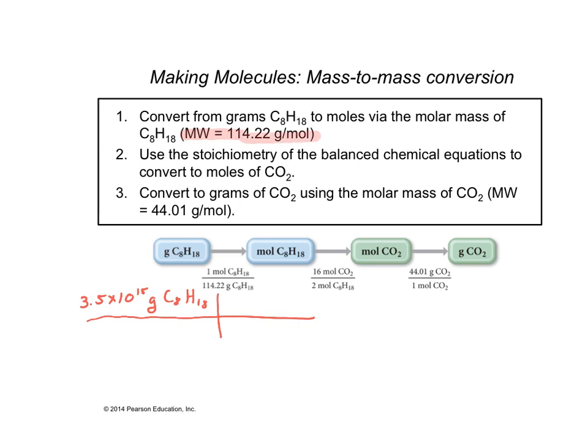I'm going to take my big 3.5 times 10 to the 15th grams, and divide by the molar mass of octane, 114.22 grams for every 1 mole of octane. That gets me into moles of octane. Go ahead and stop there and put this 3.06 times 10 to the 13th moles of C8H18.